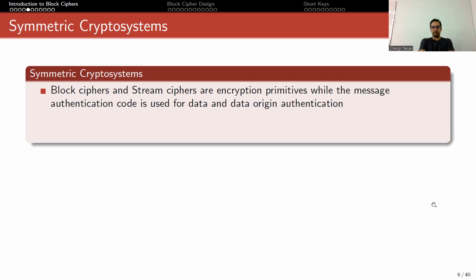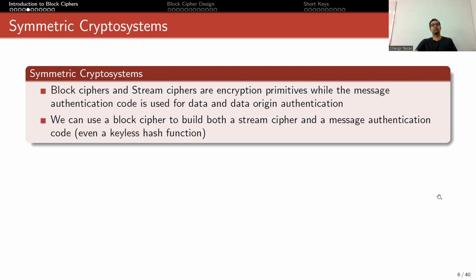Although these algorithms look very different, like block ciphers and stream ciphers, in order to understand one of them, you also need to know the other. So you cannot simply learn block ciphers without learning stream ciphers or hash functions and so on. Block ciphers and stream ciphers are encryption primitives, while the message authentication code is used for data and data origin authentication.